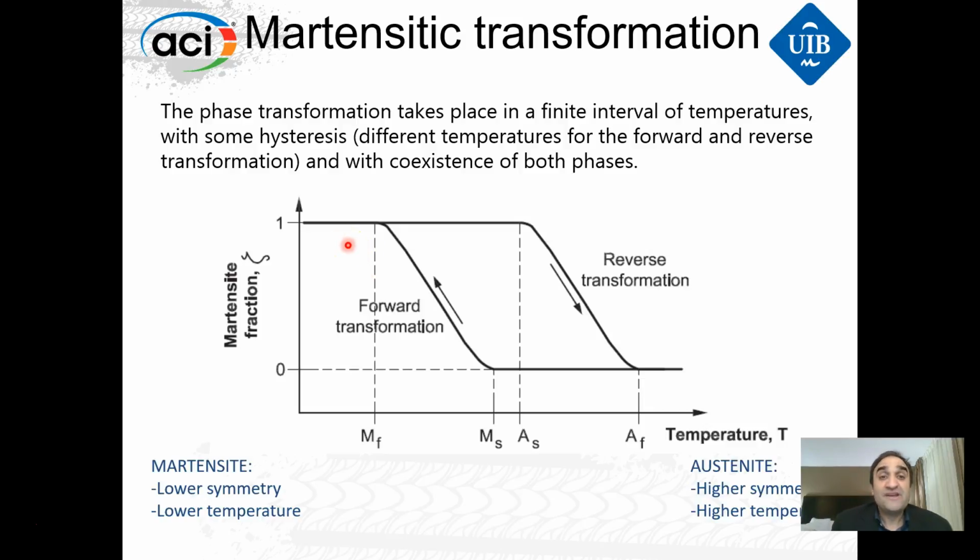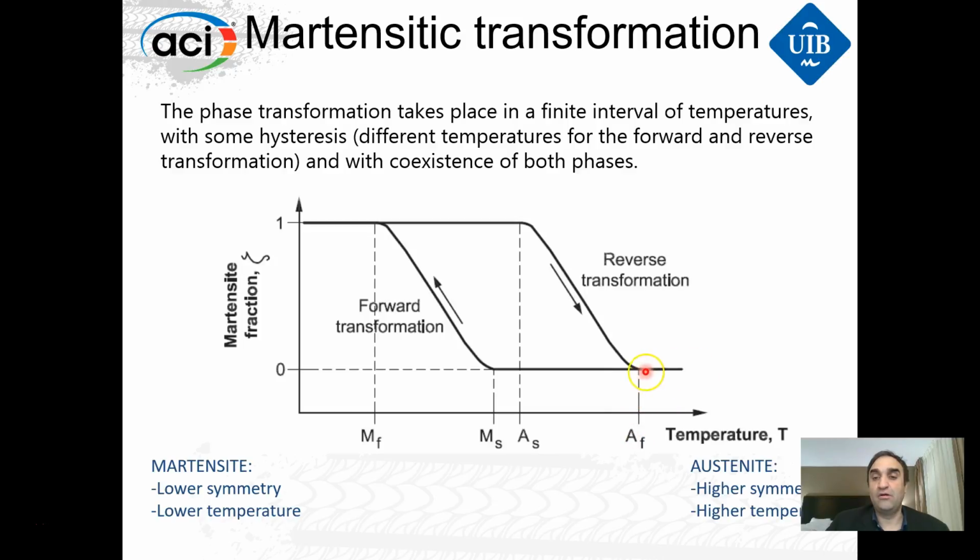Well, this phase transformation takes place in a finite interval of temperatures with some hysteresis. You can see here, for example, if we are in, let's say, 100% martensite fraction, this is not true. We are not playing between 1 and 0 in reality, but to simplify the problem, then we are in martensite, we heat the material, we cross here the austenite start temperature, and we produce the reverse transformation until austenite finish.